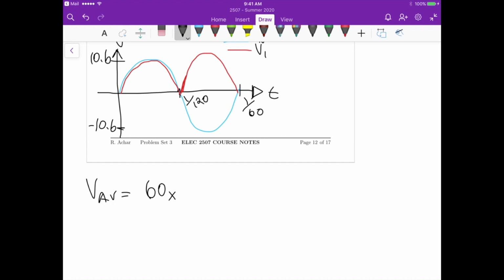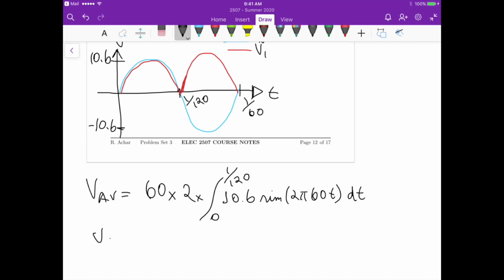Now if you look, both half cycles have the same shape, right? So it's just going to be 2 times the integral from 0 up to 1 over 120 of the peak voltage, 10.6 sine of 2 pi 60t dt, right?